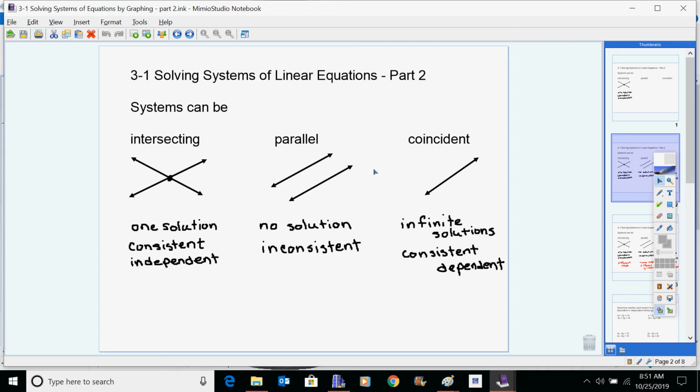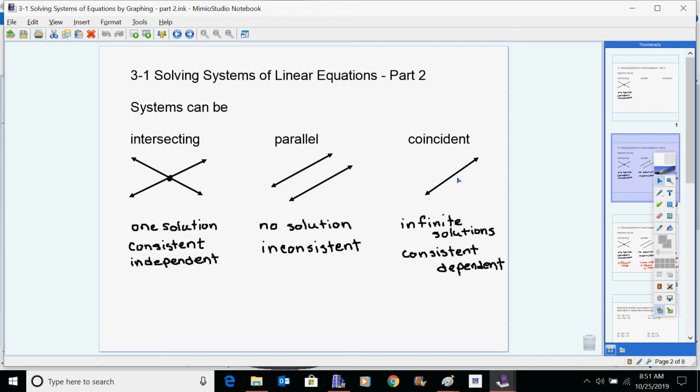Parallel means no solution, and we call that inconsistent. They are still technically independent of one another, but our main word we're looking for is inconsistent. There is no solution. So parallel, intersecting, and then coincident.